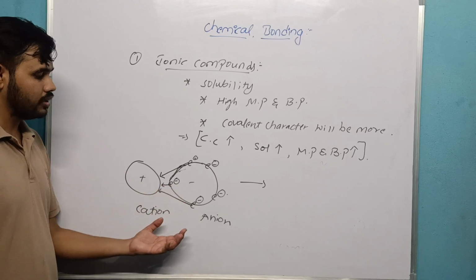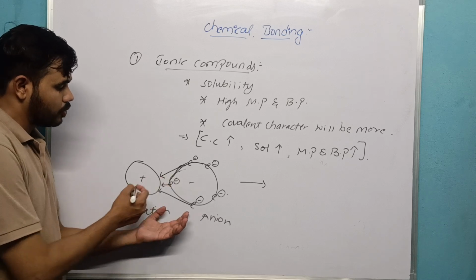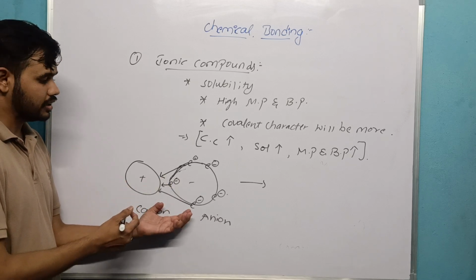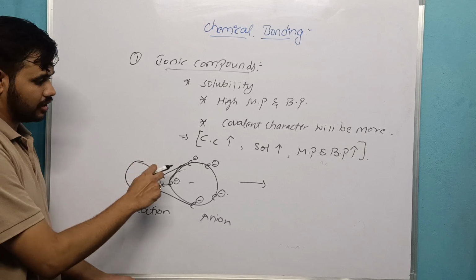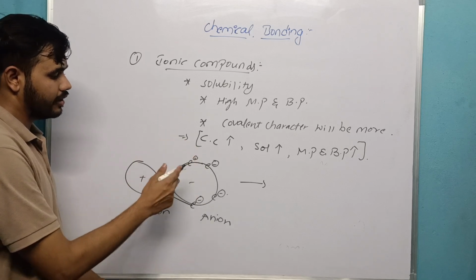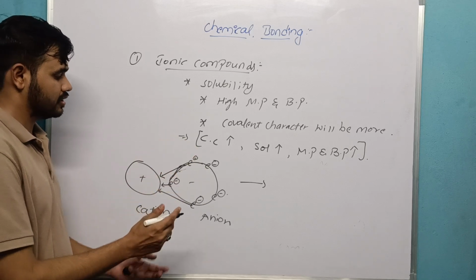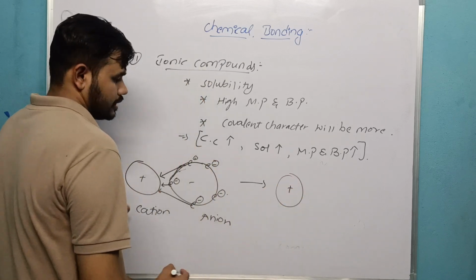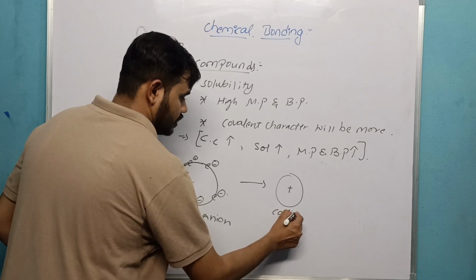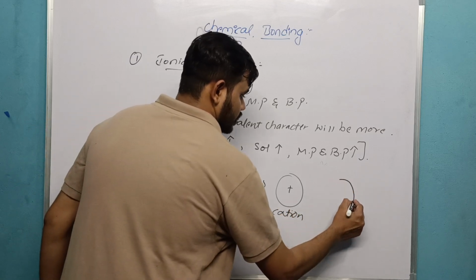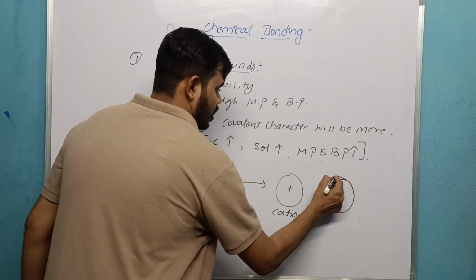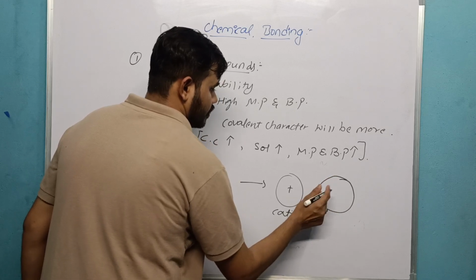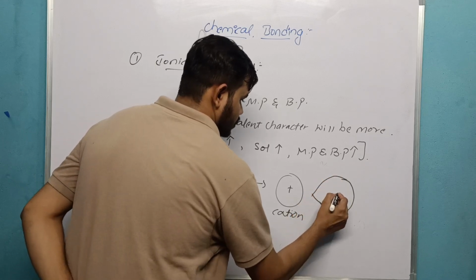Due to that force, it takes these electrons towards itself, and the size and shape of the anion will be changed. See here, I will write the positive charge, that is the cation, it will be like this only, but the shape of the anion will be somewhat changed.